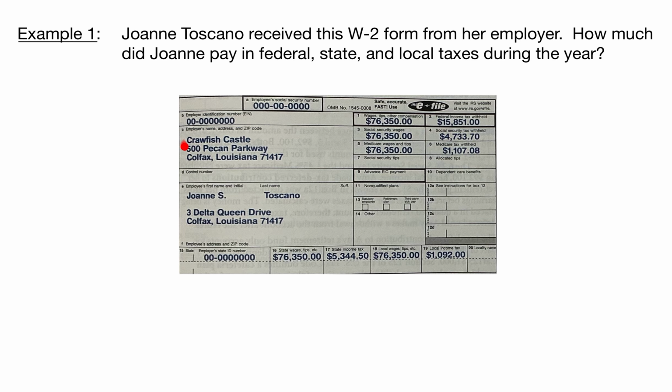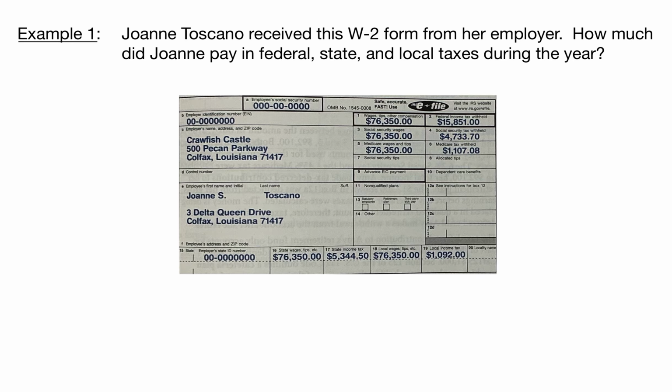This is usually their headquarters if they have multiple locations. Then there's your information, which will be your name here and then your home address. All of these are a bunch of numbers here, and these will represent how much you made, how much was taken out, and things like that. So let's go ahead and answer the question, how much did Joanne pay in federal, state, and local taxes?